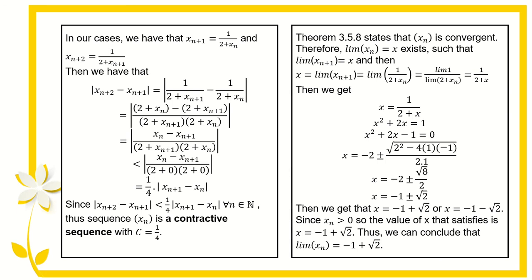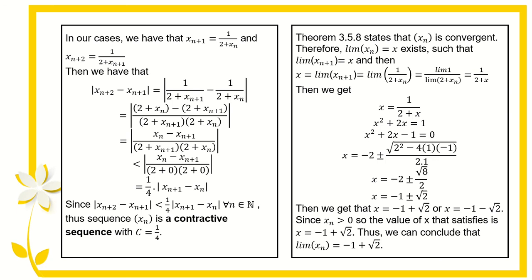We get that x equal to 1 over 2 plus x. Then we apply multiplication. Then we have x times 2 plus x. We get x squared plus 2x equal to 1, and then x squared plus 2x minus 1 equal to 0.